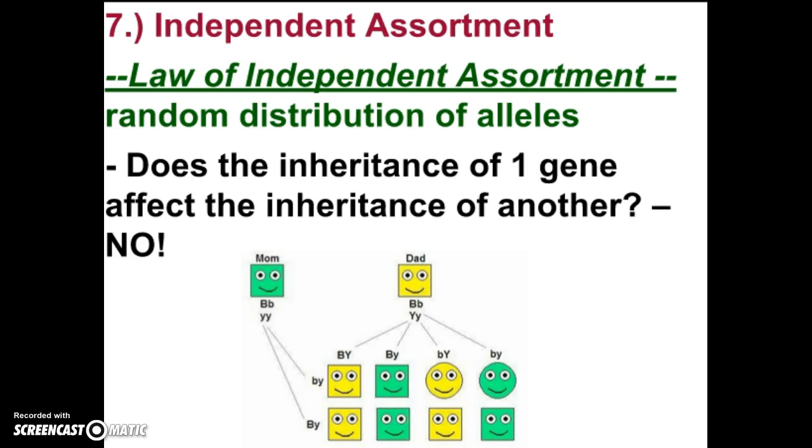What he found through his experiments is that no, the inheritance of one gene normally does not affect the inheritance of another. We call that the law of independent assortment. There is a random distribution of alleles every time we have sexual reproduction happening. That again gives us some of that genetic variation that's so important.